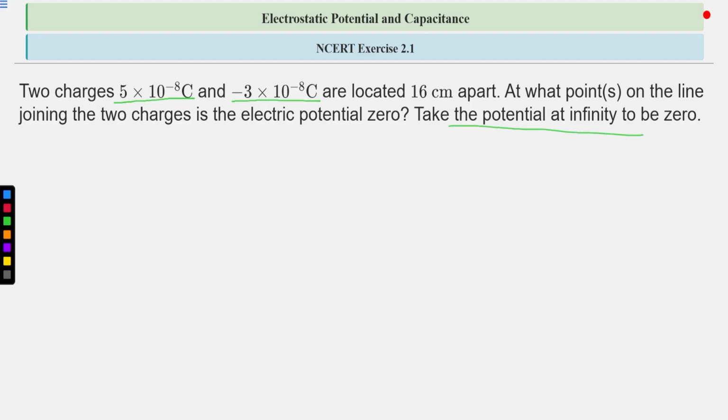So we have to find a point or points, more than one point, on the line joining these two charges where the electric potential due to both charges is 0. We take the potential at infinity to be 0; this is the reference.